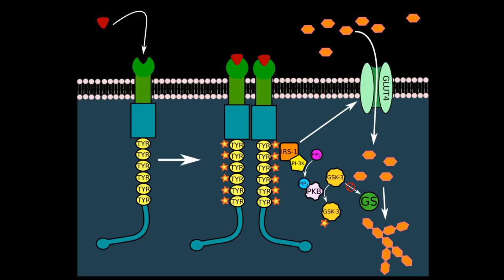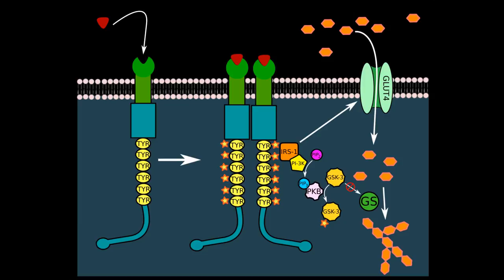Does that confuse you yet? Another thing that also happens is that the insulin receptor substrate 1 will also activate a GLUT4 channel. So what's happening with GSK3, with the red cross out there?